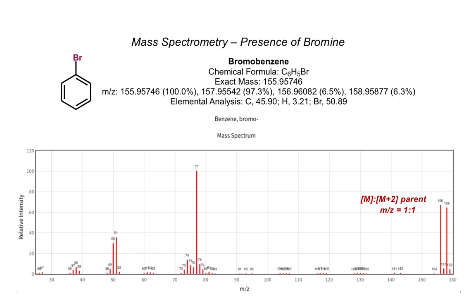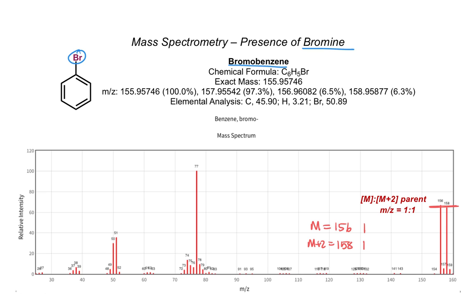The next heteroatom is bromine, so bromobenzene. We have the bromine attached to the ring. Now, if you scan over to the parent region, you see the parent mass at 156, and then you see the M+2, the parent +2, at 158. And you can tell just by looking at those ratios, they're 1:1.